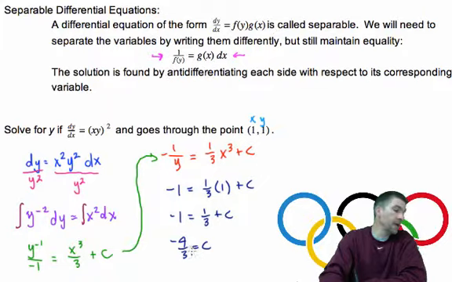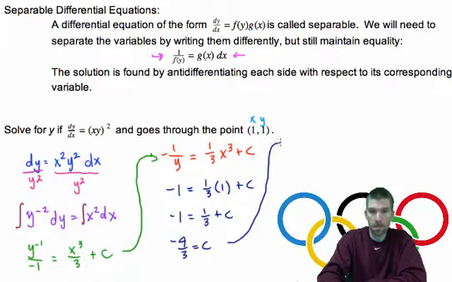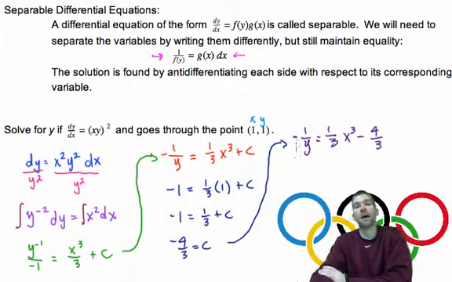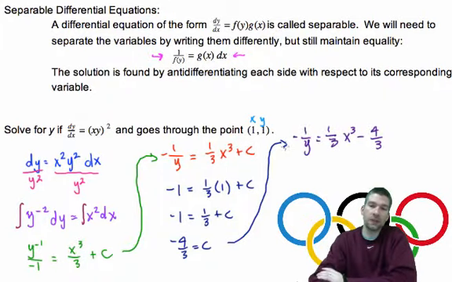So when I get done and I write this equation out, what do I end up with? Well, I end up with negative 1 over y equals 1/3 x cubed minus 4/3. The thing is, with this equation, we don't really want to leave it as 1 over y. That's not necessarily solving for y.